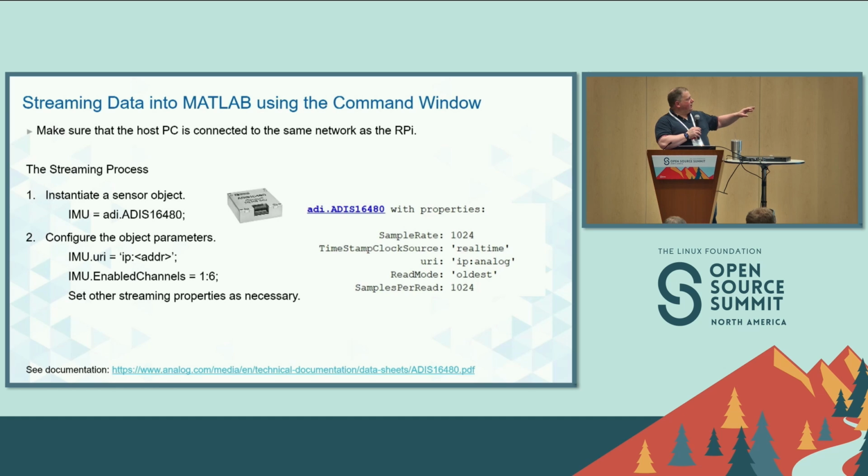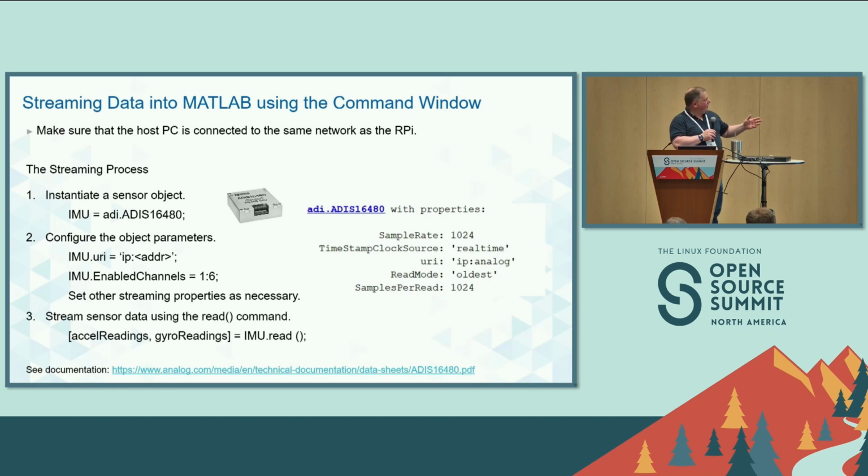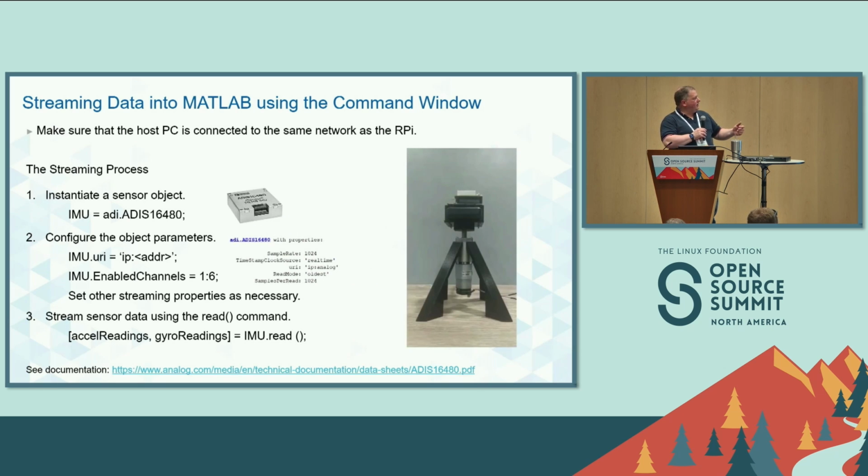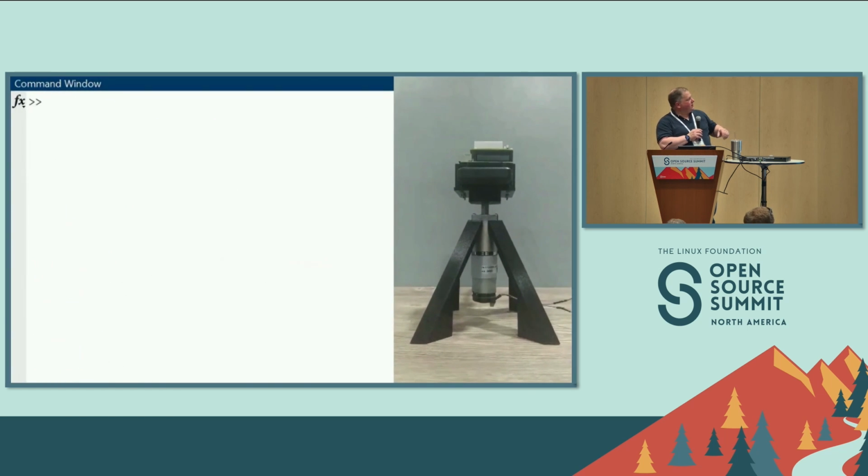Then we, oh sorry, I should have sped up the video a little bit. Stream the sensor data using the read. So we just take the object and do the read property on it. And then we have a system set up, which is basically a motor, and then there's a battery, the Raspberry Pi, the interface board, and the IMU itself.